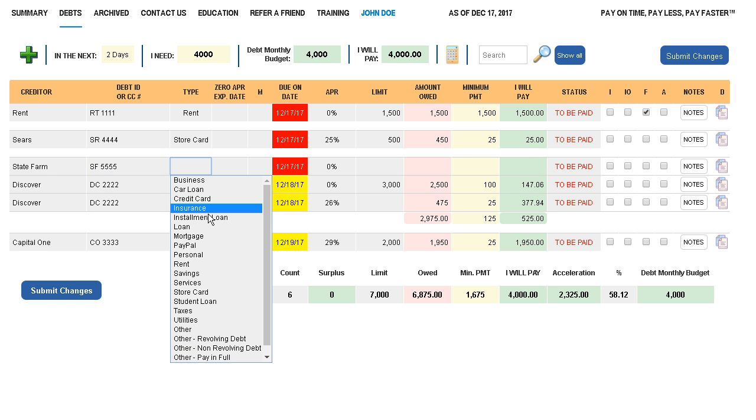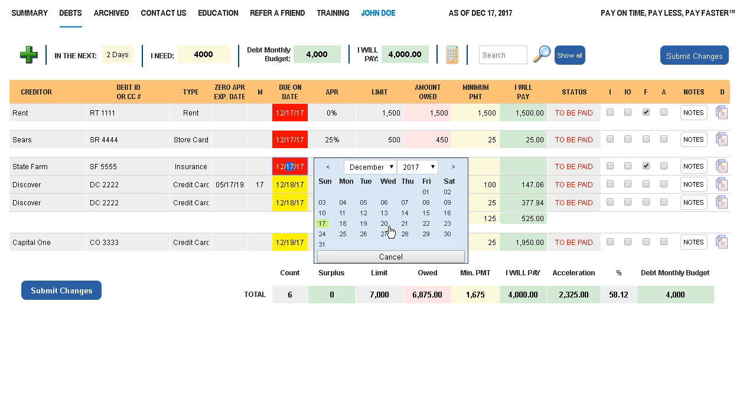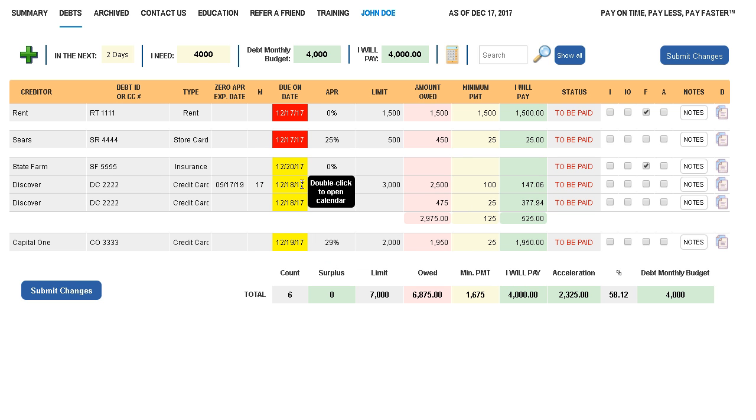So this one's going to be insurance, right? Or obviously it could also be a non-revolving debt, but insurance is more descriptive. And so here we're going to put whatever. We're going to put 20. So still we are in the yellow. Okay. The APR is going to be 0. The limit is usually either exactly what you're paying or a little more.